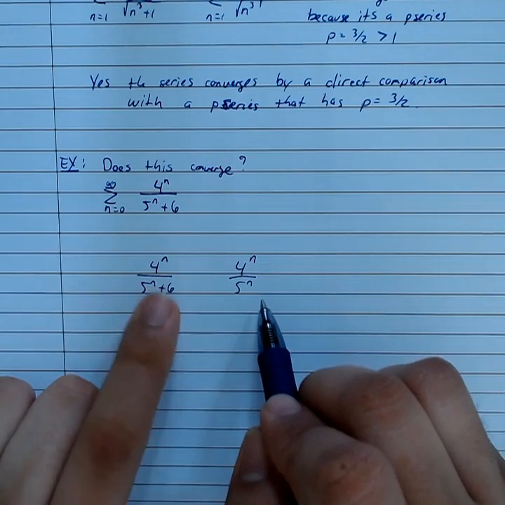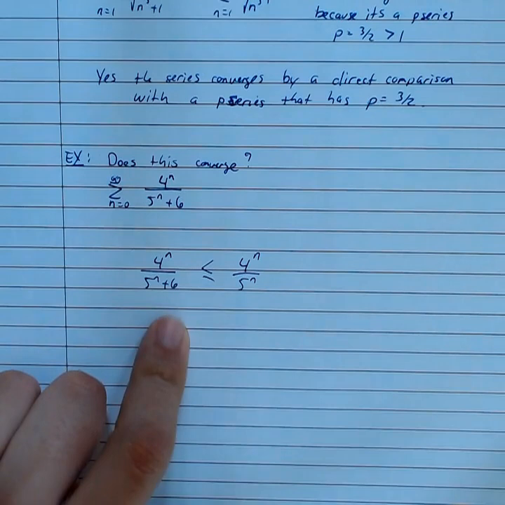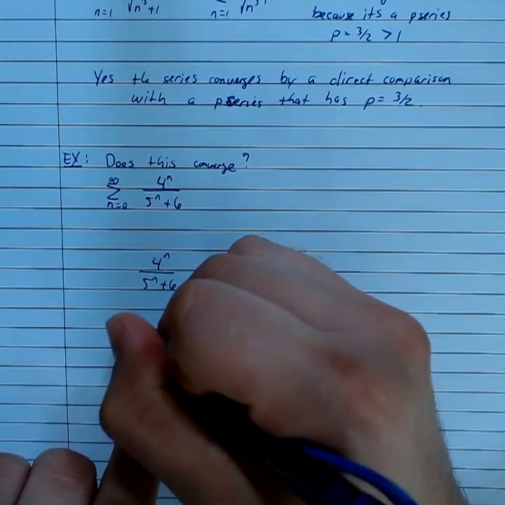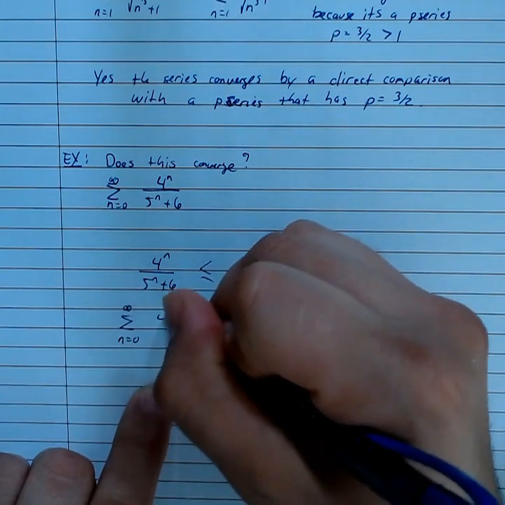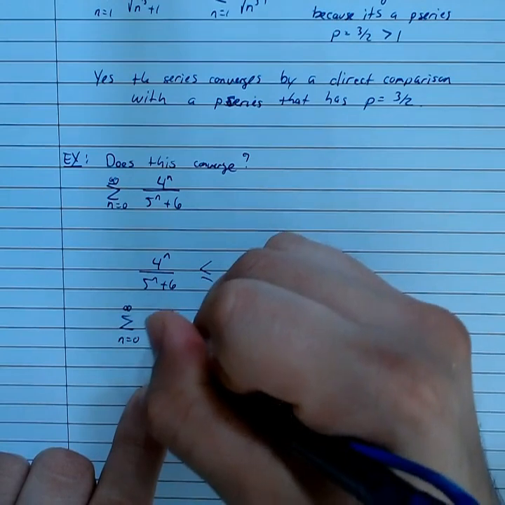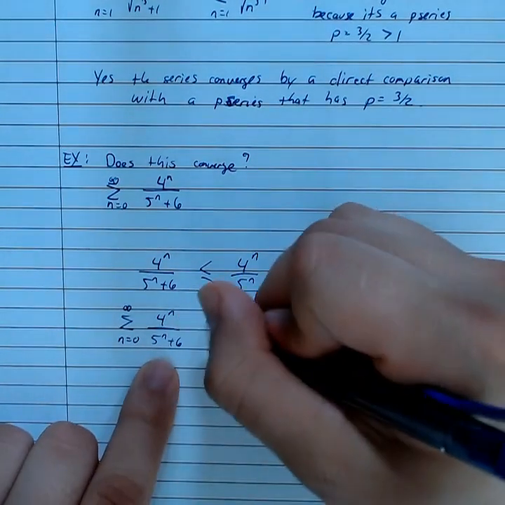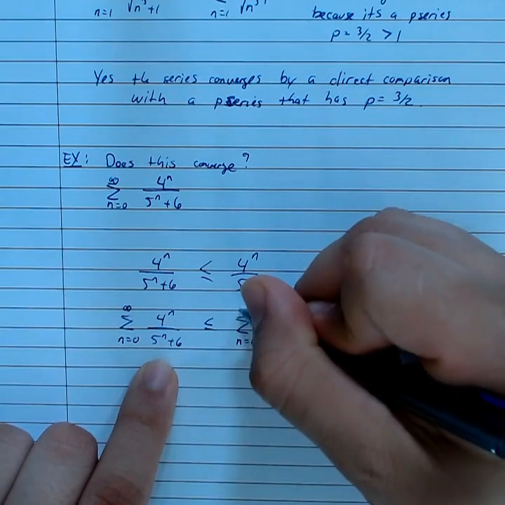Oh, well, if that's a bigger denominator, that means the whole thing must be smaller. Oh, but if that's smaller, if the nth term is smaller, that means that the series that's made up by adding up these nth terms must be smaller than the series that's made up of these nth terms.